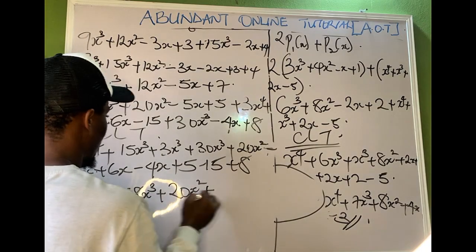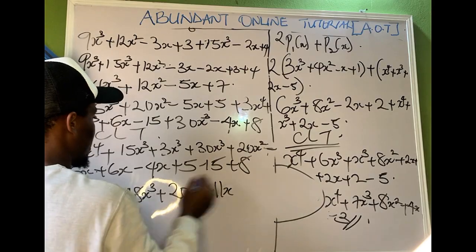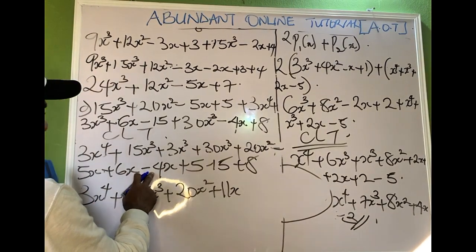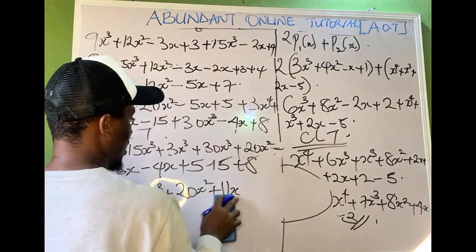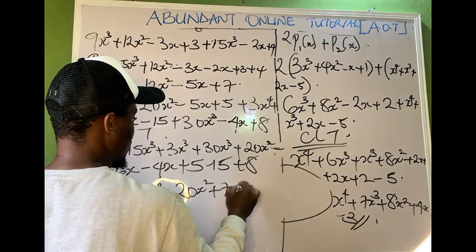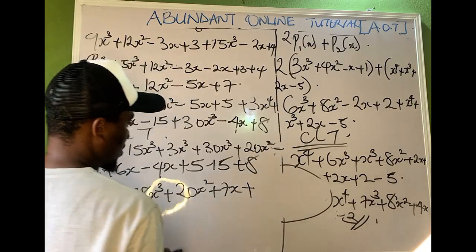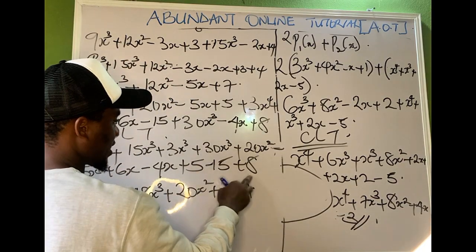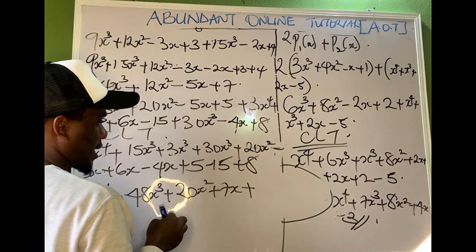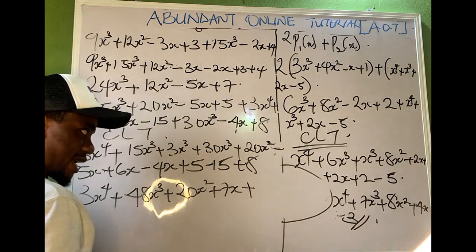Then my 5x plus 6x is 11x. 11x minus 4 is 7x. Then I now have my plus. Remember this place is minus 15, so my 8 plus 5 is 13. All right, 8 plus 5 is 13.